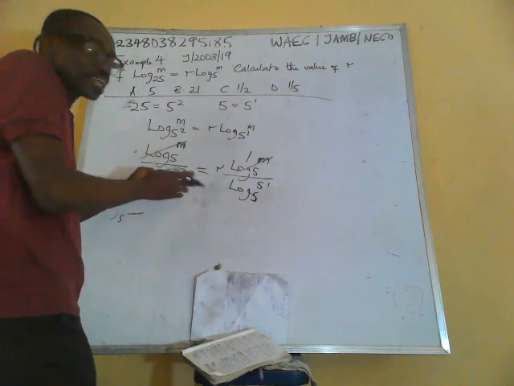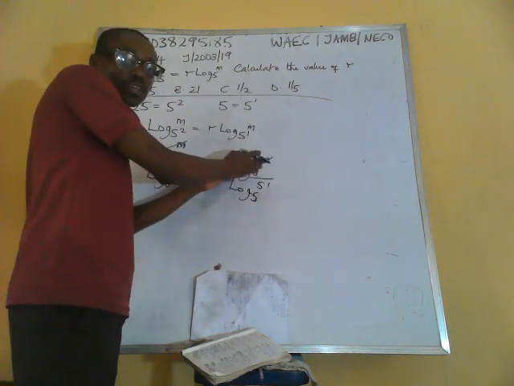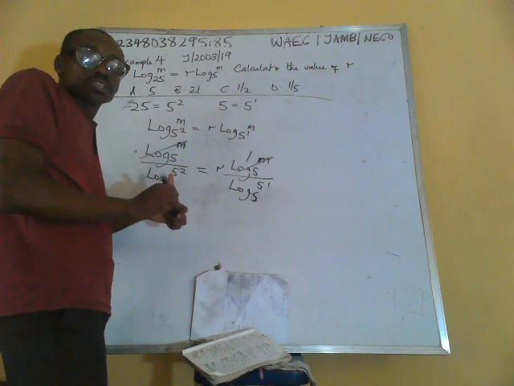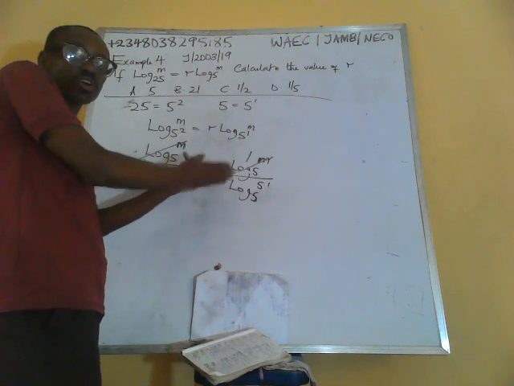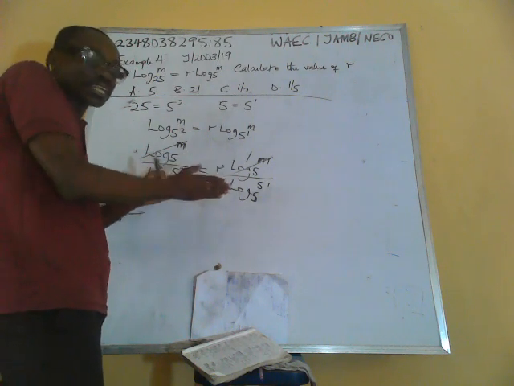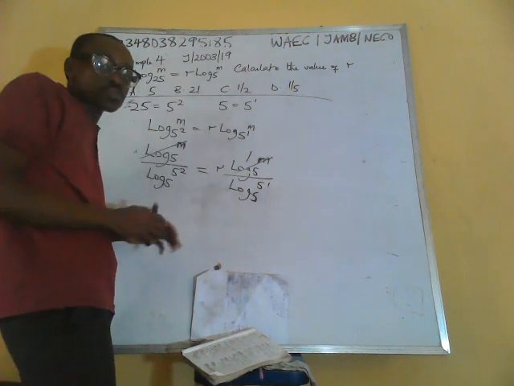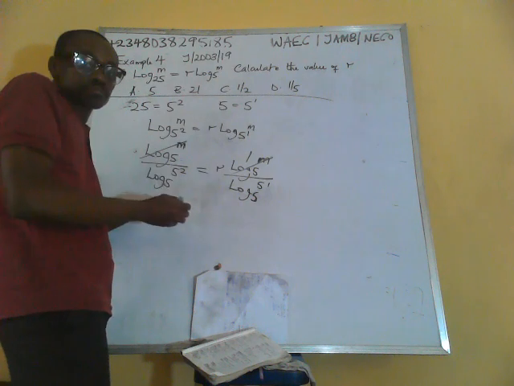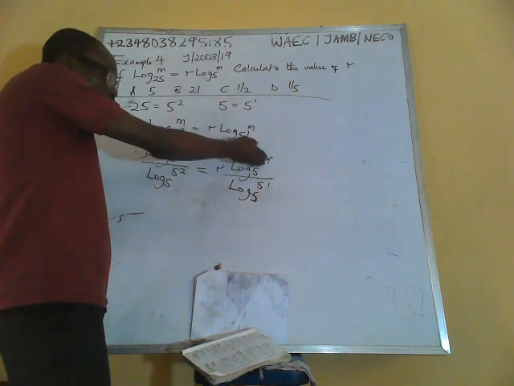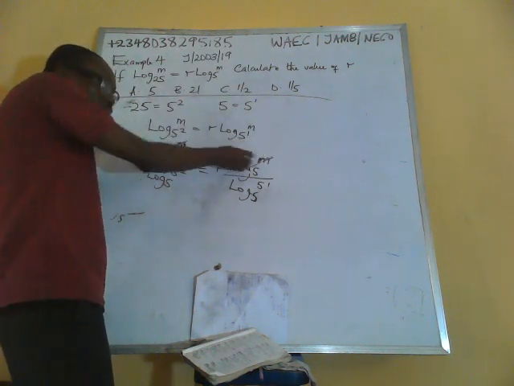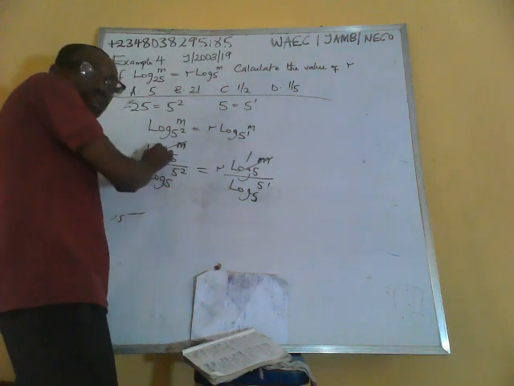They are on the same side, numerator and numerator. In maths, you can cancel what is on the opposite side. This is on the left hand side, this is on the right hand side, but they are both in the numerator, so this can cancel this. Or even if we cross multiply, this one will come under here and cancel the one above.